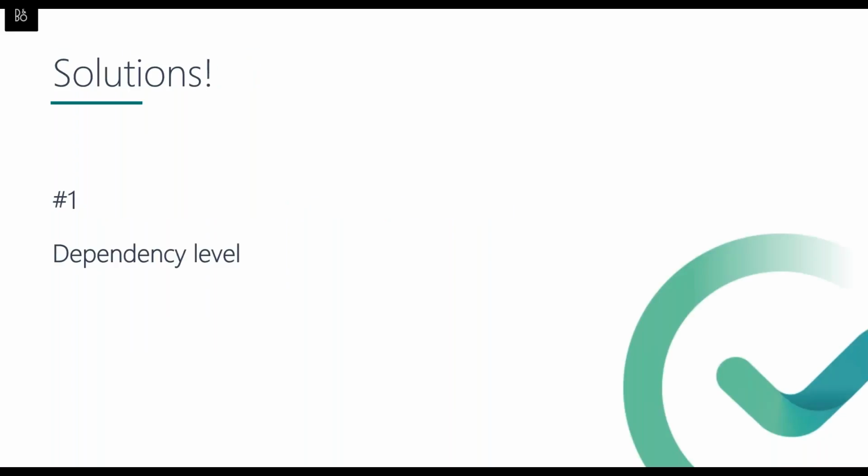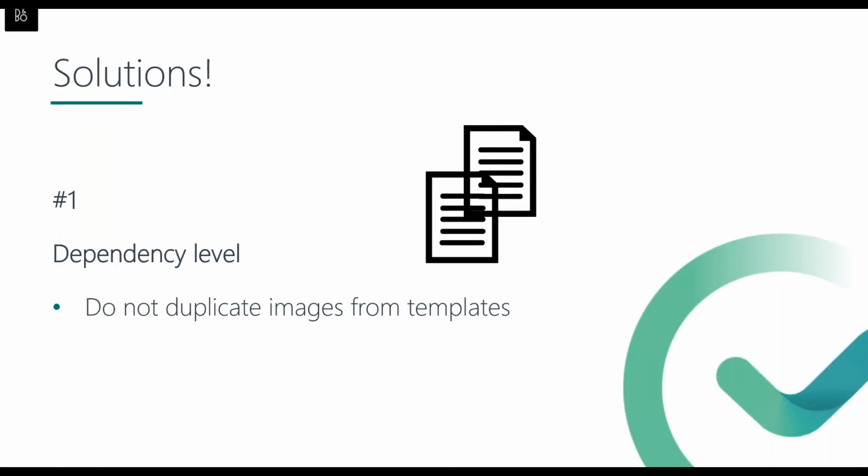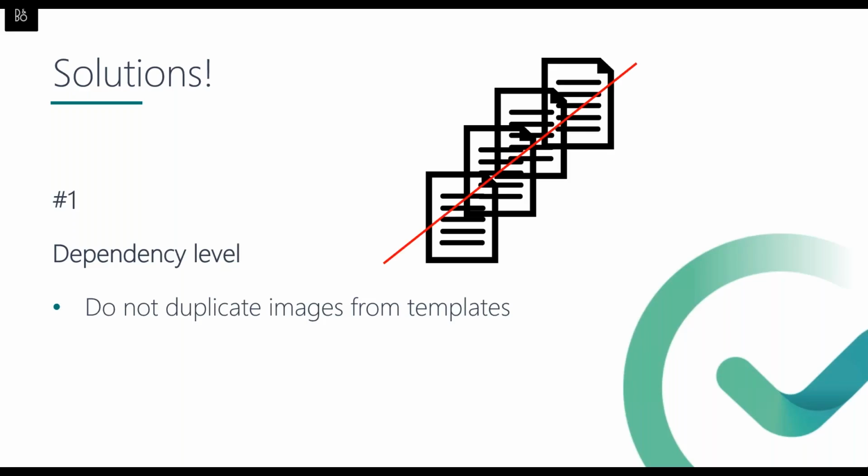Solution number 1 is an option for you to choose a dependency level. This at the moment means that you can select an option within a questionnaire designer that says that you do not want to duplicate images from templates.